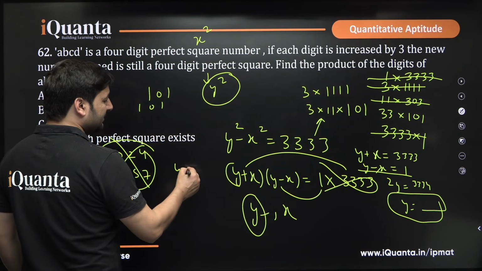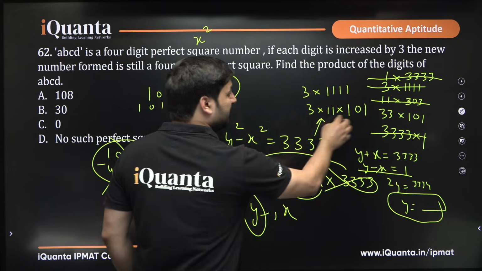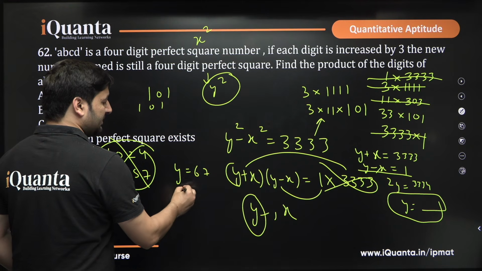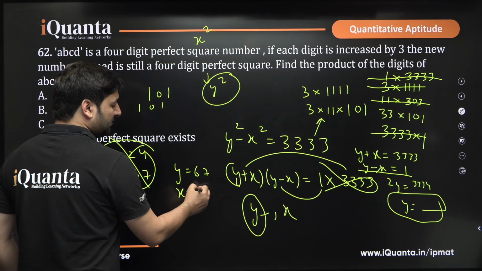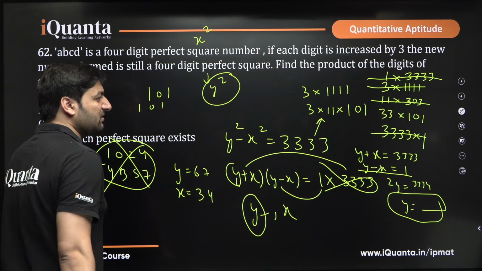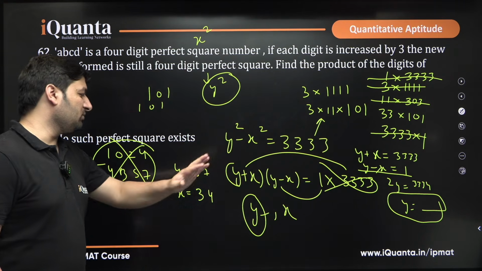So y will be 67, and if y equals 67, y plus x will be 101. So x will be 34. 101 has to be the sum, because y plus x has to be the bigger number, y minus x has to be the smaller number.